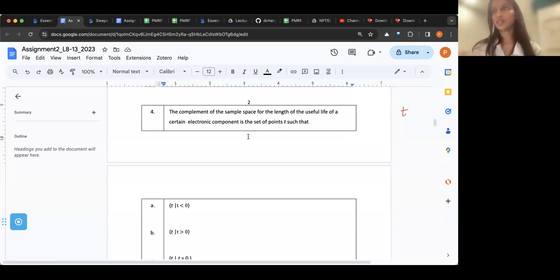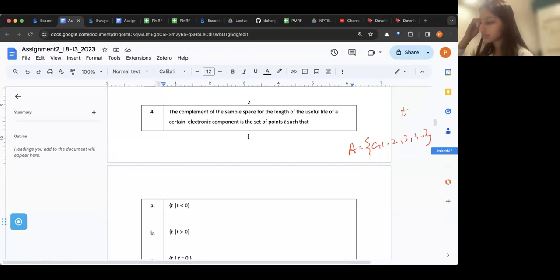It could be a phone, a grinder, a rice cooker, or anything. The life of this electronic could be 1 year, 2 months, 3 years, any positive number. So the sample space A would be any positive number, like 0, 1, 2, 3, 4, so anything. So what is the complement of A now?